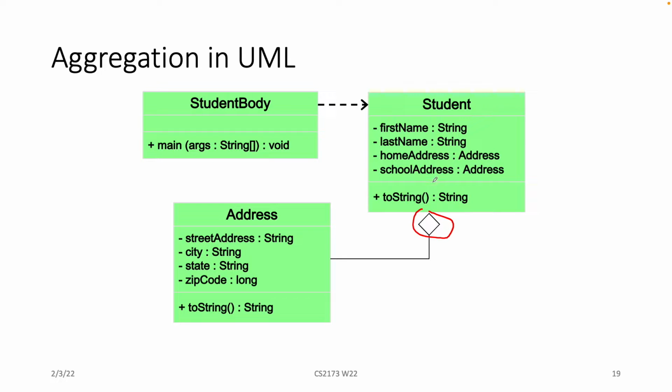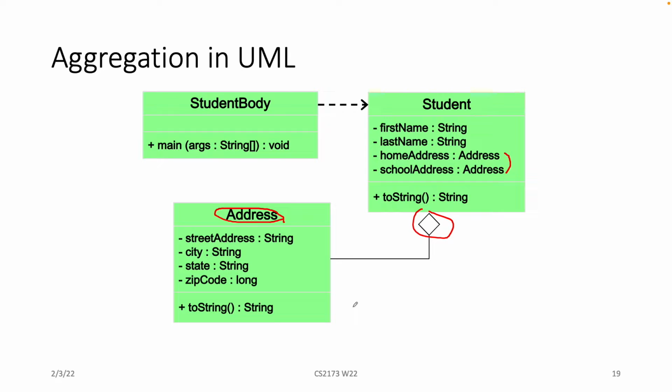The thing to note is that we have two of these address classes, two instances associated with a student class. So each student object will have two instances of the address class, and the address class takes much of the information for a particular physical address into one object.